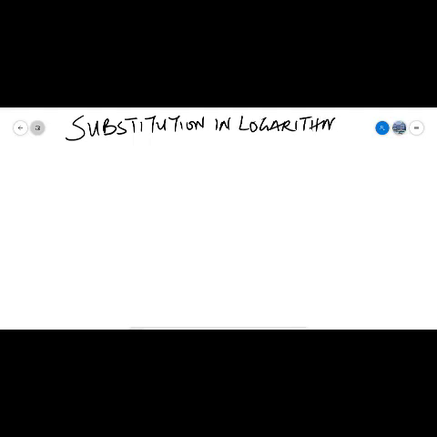Some logarithmic problems involve substituting for a given log value. So what it means is that when you're given such a question, you are limited to solving that problem by simplifying to get exactly the log value or the multiples of that log value.